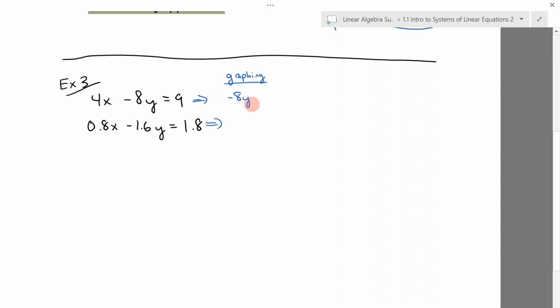So you get minus 8y equals minus 4x plus 9. And then I divide by negative 8. So negative 4 divided by negative 8 is 1/2. And then 9 divided by negative 8 becomes a negative, so 9 over 8.